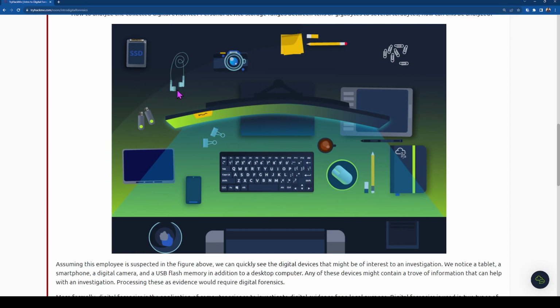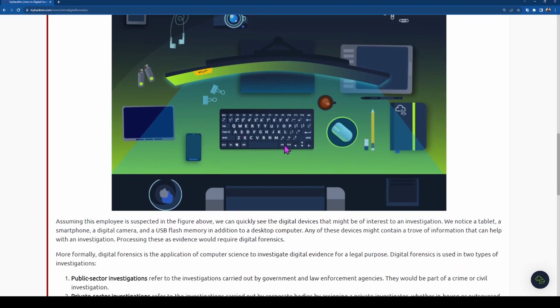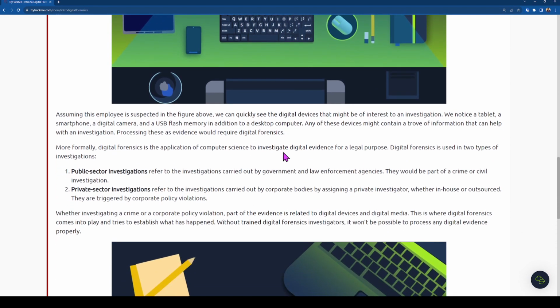We've got USB, a camera, a pencil. I'm not sure if it's a smart pencil or not. I probably doubt that. We have paper clips. We've got physical and digital items: tablet, external SSD, cell phone, more pencils, more pens, more tablet-like items, wireless keyboard, interesting.